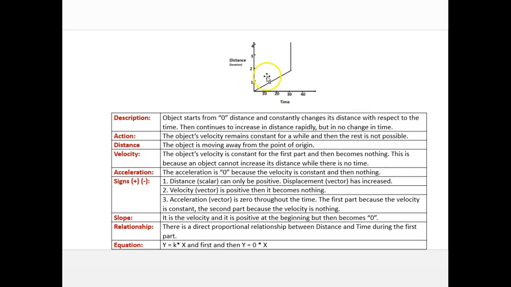All right, the object starts from 0 distance, and there's constant change with respect to time. This continues rapidly, and then it continues to increase the distance rapidly here, bam, but there's no change in time. All right, which is what was discussed earlier.